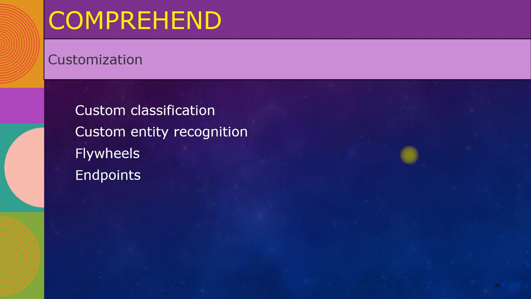Okay, so the last thing I want to say with this before we give a demo is that Comprehend custom classification and custom entity recognition is extremely useful and powerful. What you're doing is creating some sort of custom model, and you need to train it, and there's this concept of flywheels where you're retraining your data iteratively to try to get to a more accurate model.